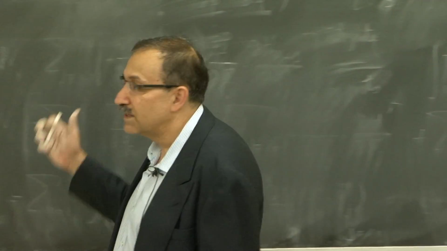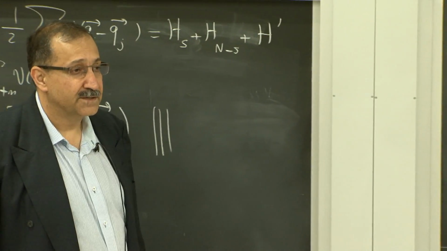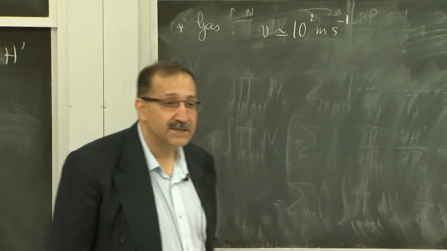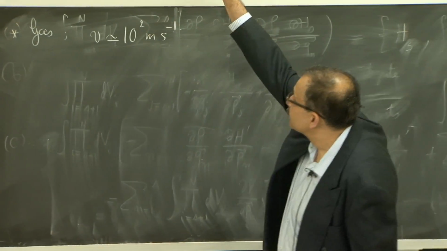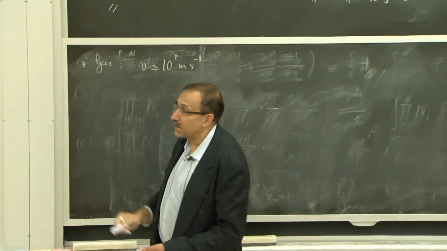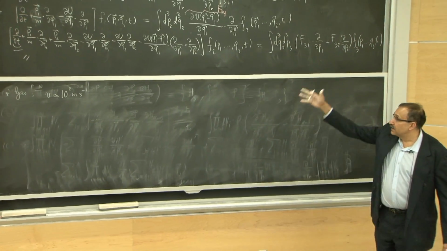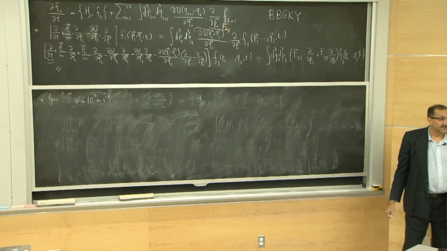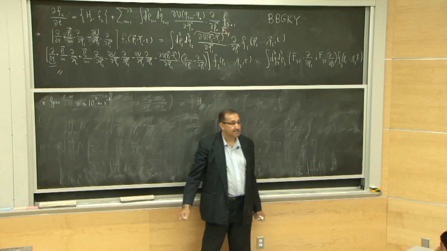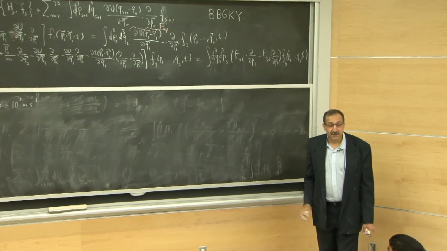Now we are going to use that to estimate the magnitude of the various terms that are appearing in this equation. Now, the whole thing about this equation is variation with time. So the entity that we are looking at in all of these brackets is this d by dt, which means that the various terms in this differential equation, apart from d by dt, have to have dimensions of inverse time. So we are going to try to characterize what those inverse times are.